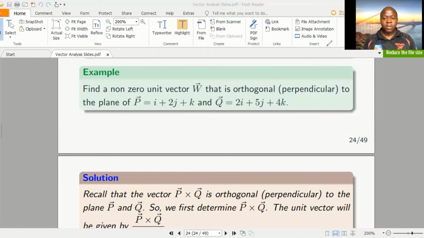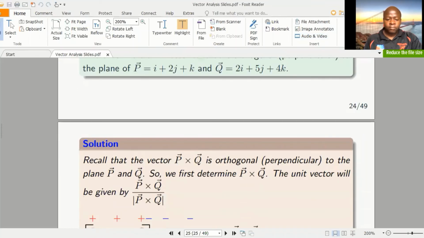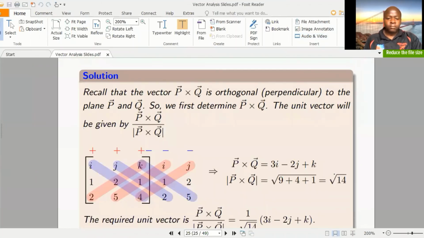So let's look at how I did it. The first part is what I've already talked of. Recall that P cross Q is orthogonal to P and Q. So we first find this, then the unit vector that we require will be given by this. And I'm using the simplest method to do this.